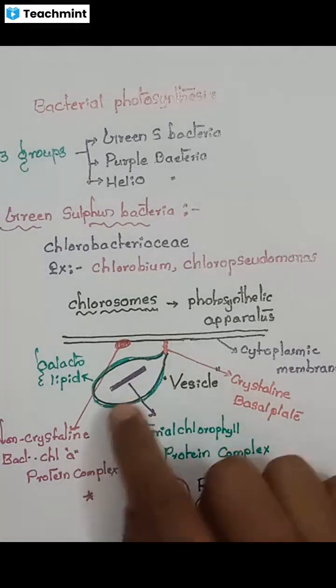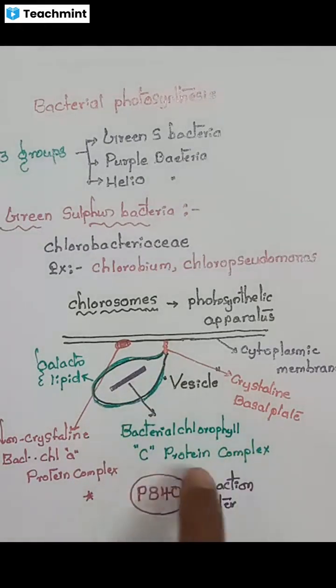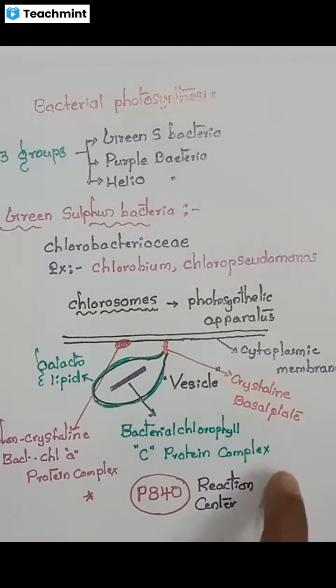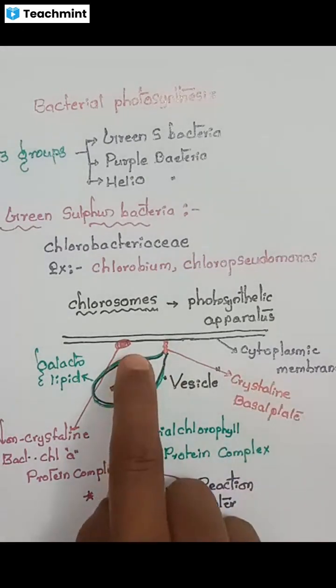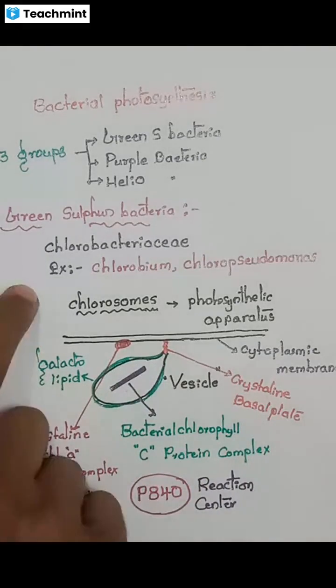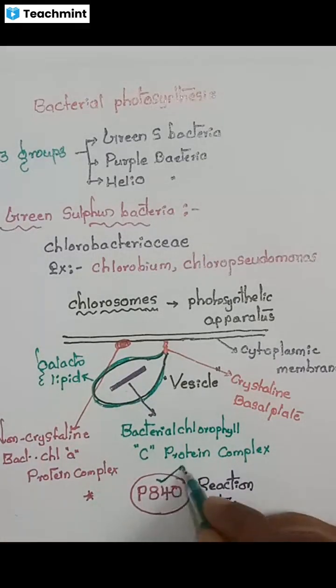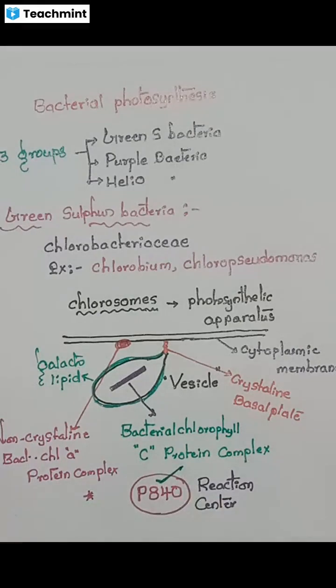The rod-like structure is the bacterial chlorophyll C protein complex. The cytoplasmic membrane consists of non-crystalline bacterial chlorophyll A protein complex. The reaction center is P840.